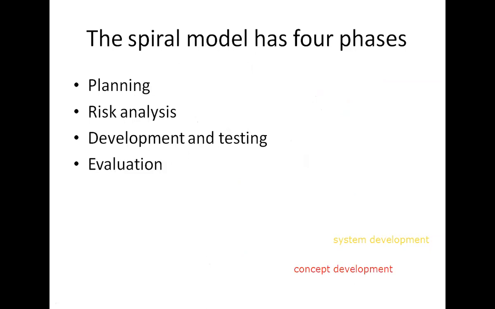So first we move to the planning. In planning, requirements are gathered from the customer and the objectives are identified and analyzed at the start of every phase. Requirements like business requirement specifications and system specifications are gathered from this.